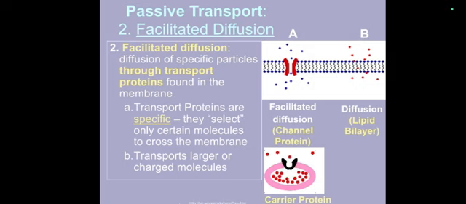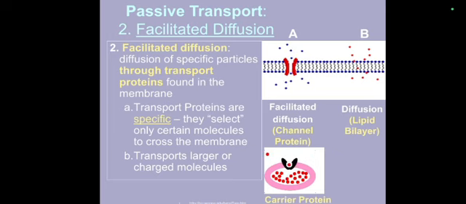Passive diffusion does not depend on energy, and facilitated diffusion is also not dependent on energy. An example of facilitated diffusion is the glucose transport protein, which helps in the transport of glucose in RBCs and muscle cells. These transport proteins are specific.